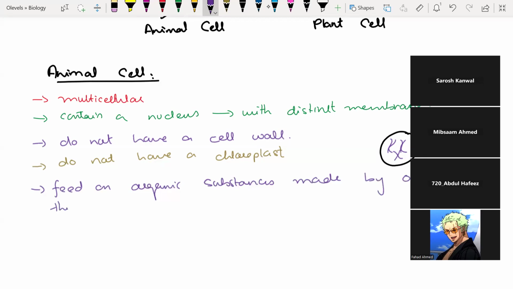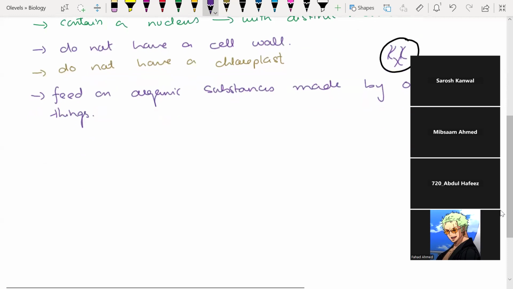As they are unable to perform photosynthesis, due to this, they are called heterotrophs. Yes, ma'am. Animal cells are called heterotrophs, and I'll explain that as well, right?